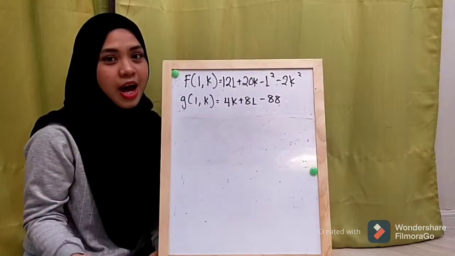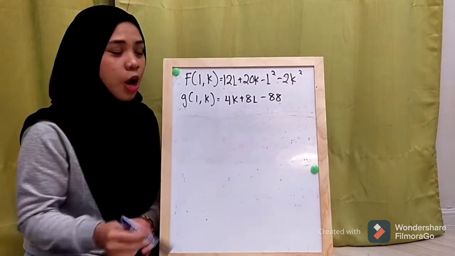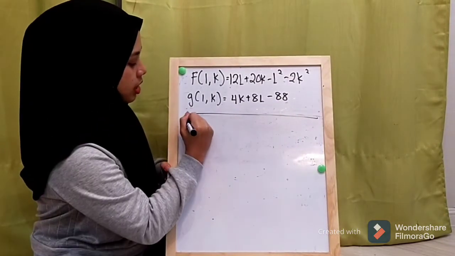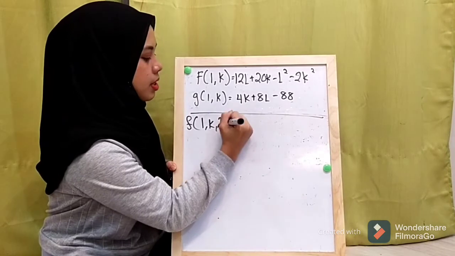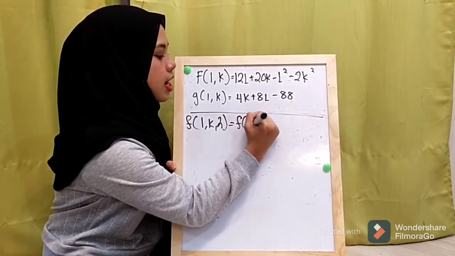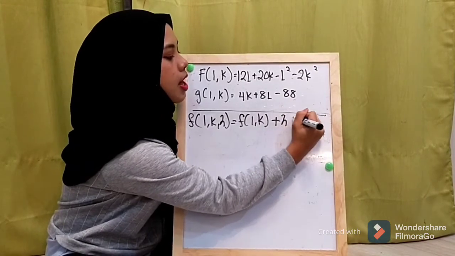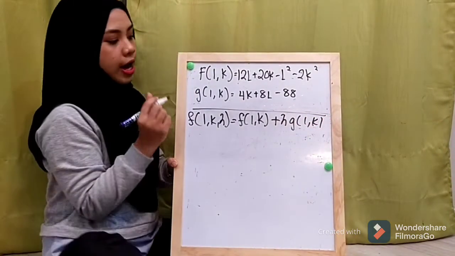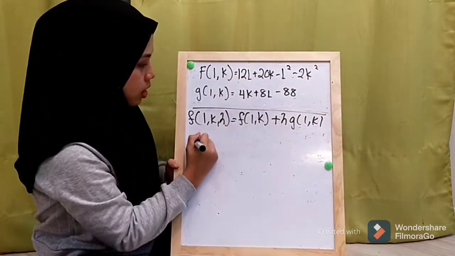So just now, I already got two functions from that question. These two functions, I will form into a Lagrange function. The Lagrange function is F(L,K,lambda) equals F(L,K) plus lambda multiplied with G(L,K). So I will form it by using these two functions.